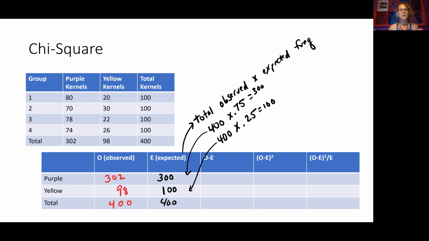So we take 400 times 0.75 and we get 300. Then we expect the remaining 25% to be yellow, so we take 400 times 0.25 and we get 100. So that's our expected value. If you're having any questions about how we got those, make sure you send me an email and get some extra help.